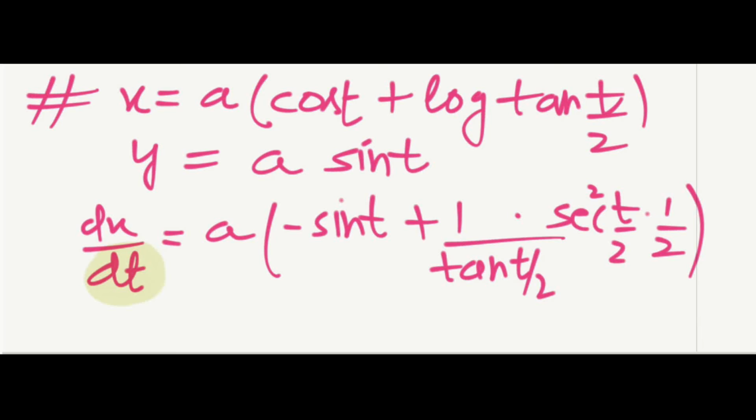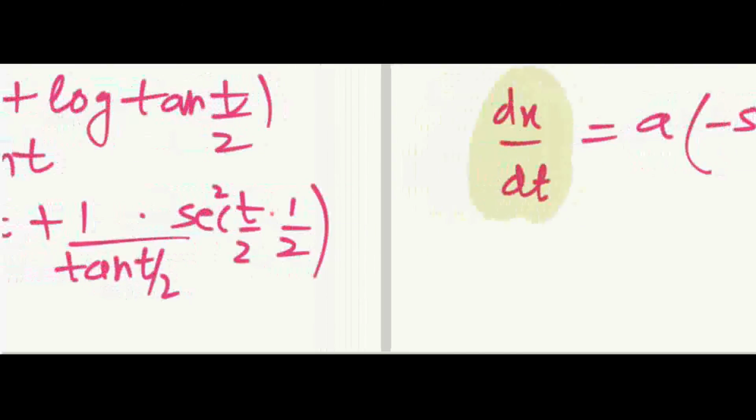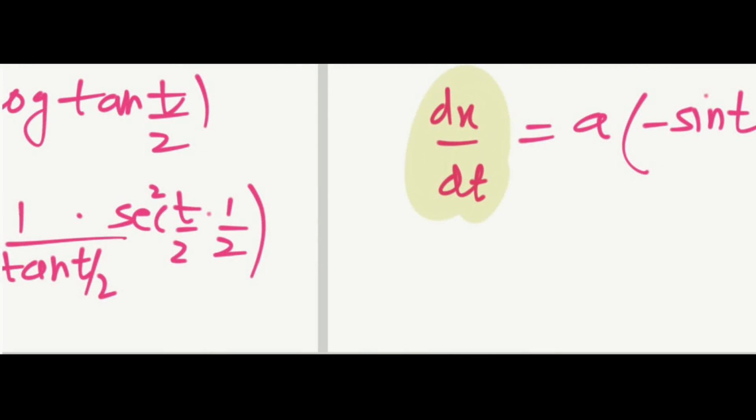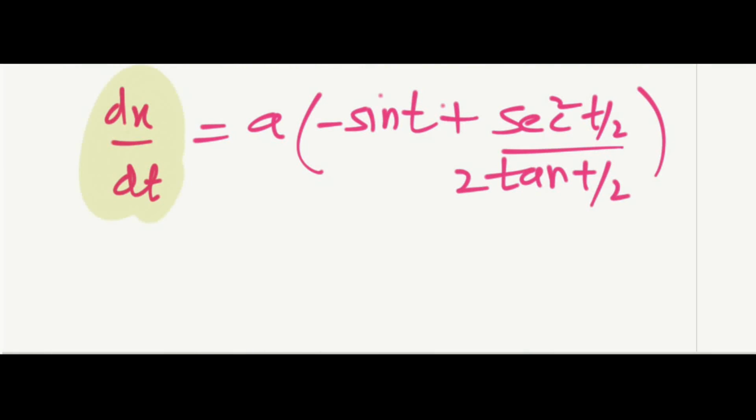You remember the derivative of tan t by 2 is sec square t by 2. Again chain rule, the derivative of t by 2 is 1 by 2. So dx upon dt is a into minus sin t plus sec square t by 2 upon 2 tan t by 2. This was dx upon dt.